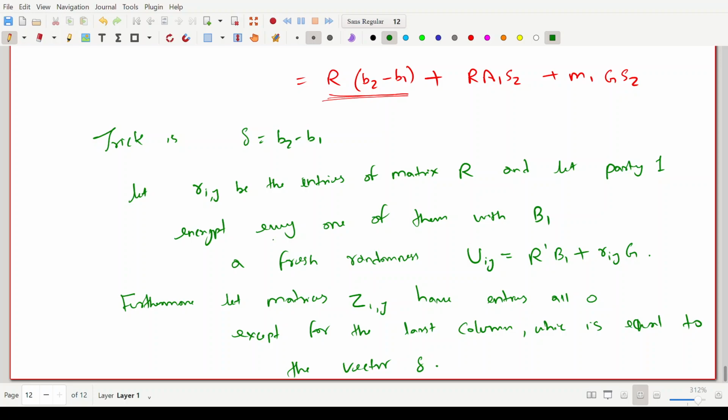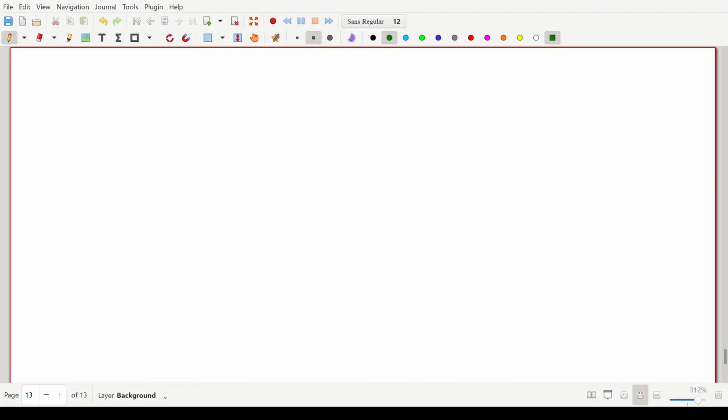So let rij be the entries of matrix r, and let the first party encrypt every one of them with the b1. That means a fresh randomness, that is uij, is r dash b1 plus rij g. Furthermore, let the matrix Zij have the entries all zeros except for the last column, which is equal to the vector delta. So these are the contents I am having.